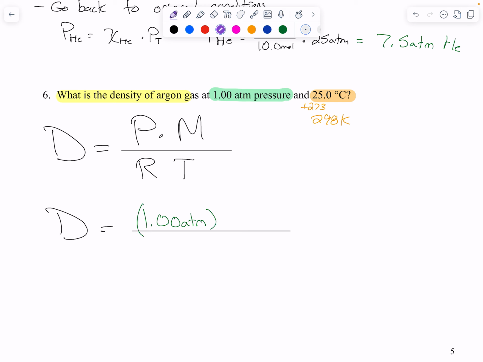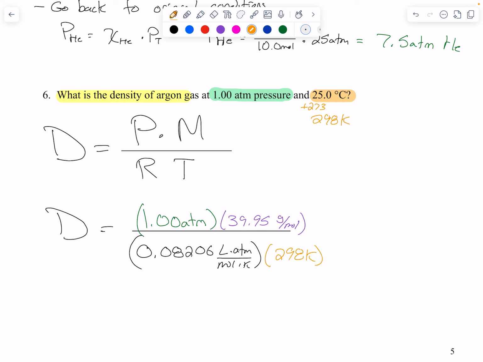Molar mass of argon, I got 39.95 here, grams per mole. R, of course, is 0.08206 liters atmospheres per moles Kelvin. And our Kelvin is 298 K.